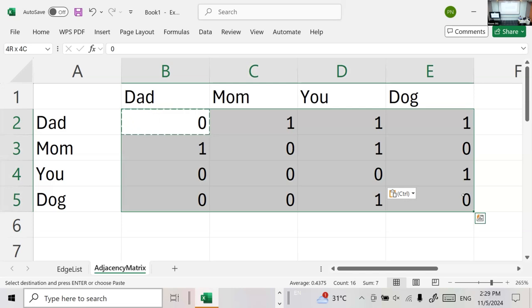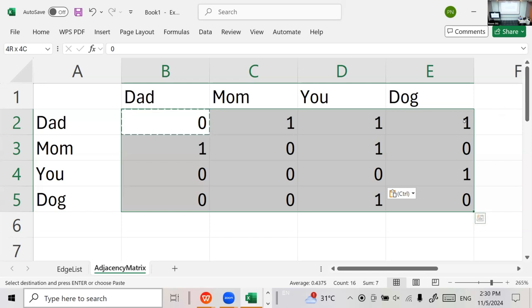Okay. So what's cool about this matrix? What's cool about this matrix is that the relationship may change, but you can have this kind of 4x4 to represent that month, right? So every month things can be different. Okay, maybe you stop loving your dog or whatever.